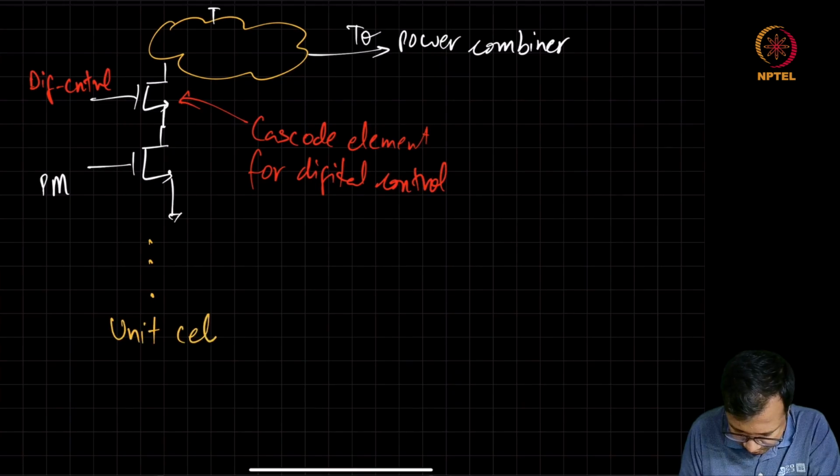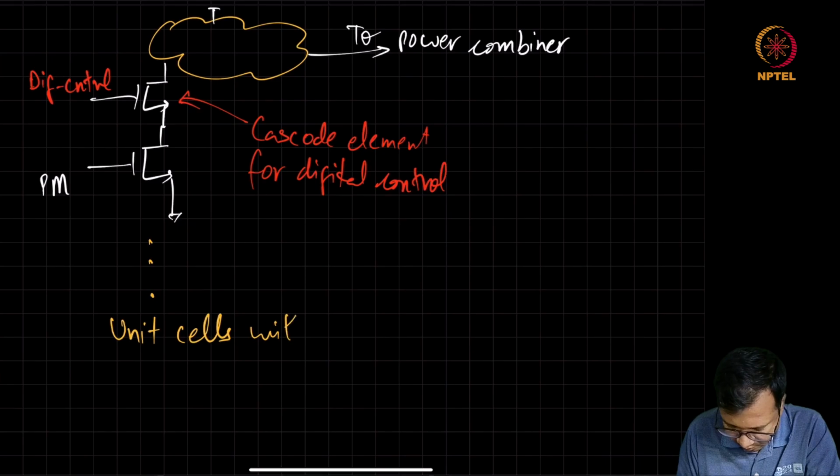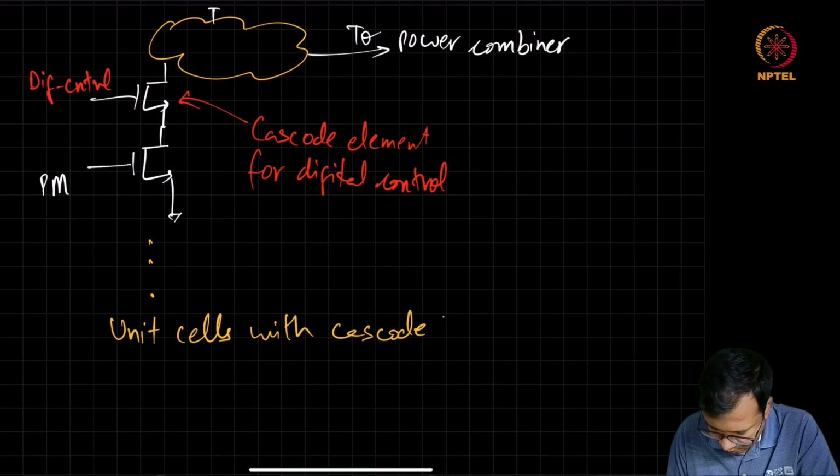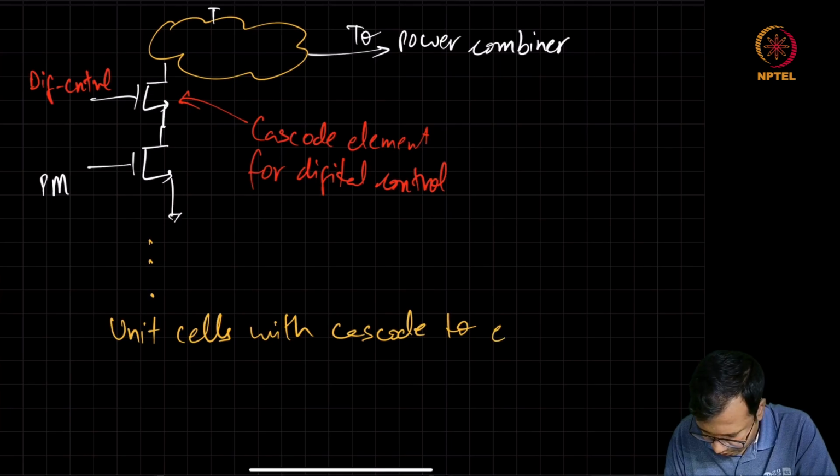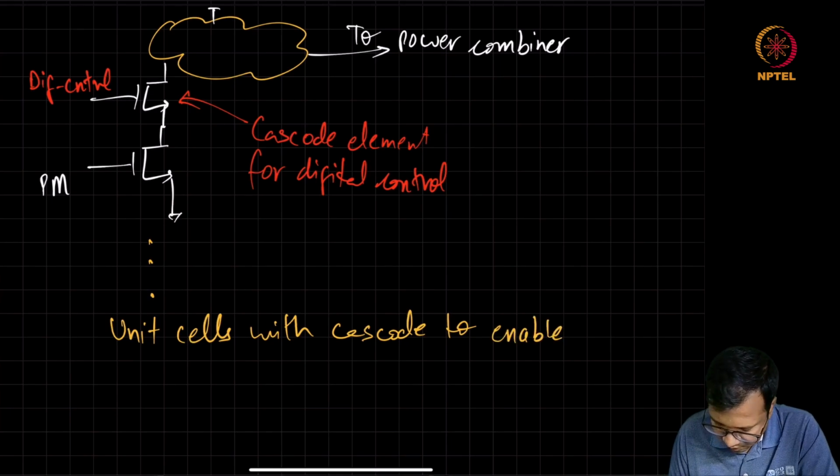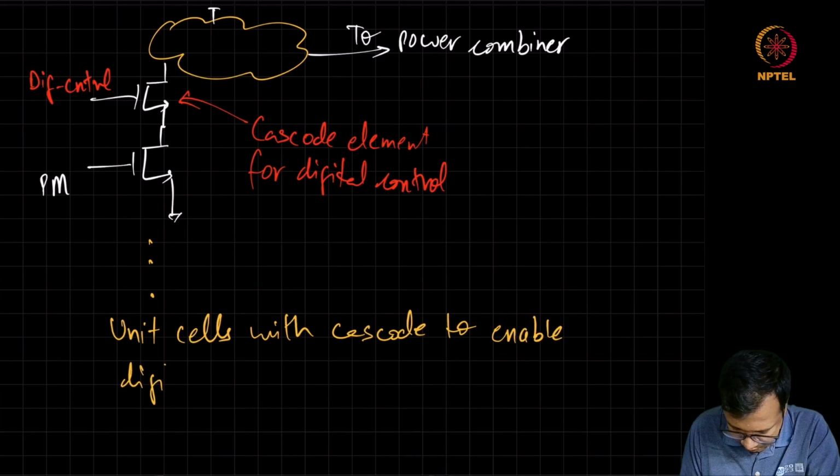The unit cells with cascode to enable digital control.